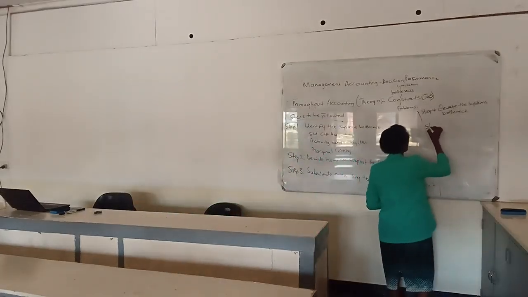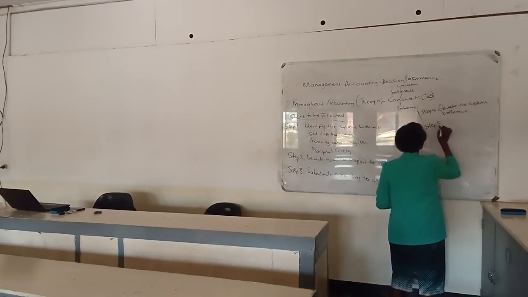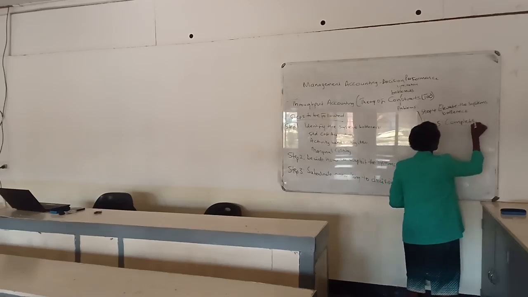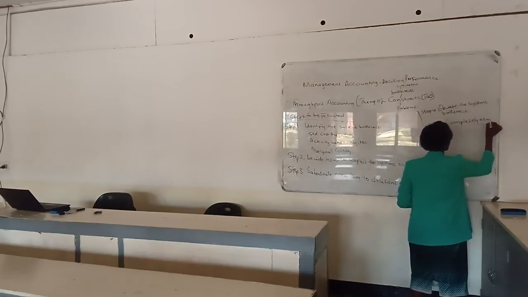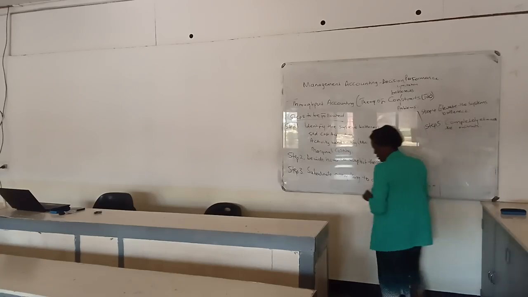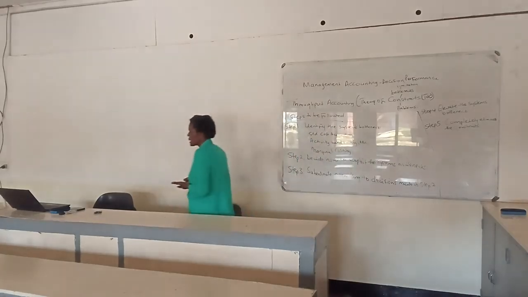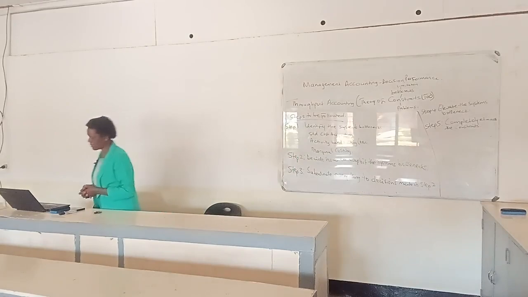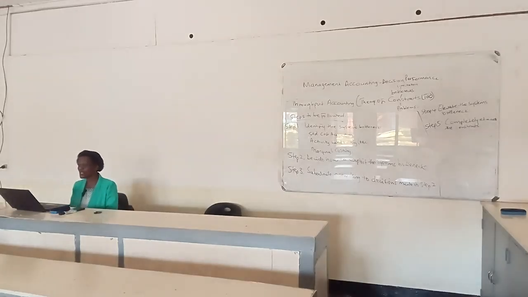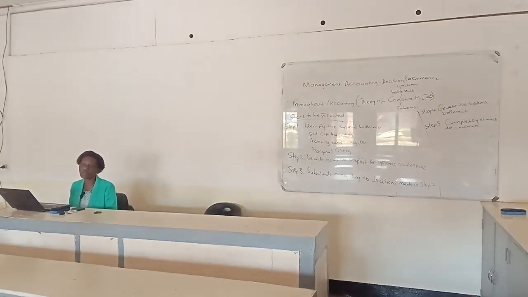Step 5. So this is the fifth stage, but in our book, it is written as stage 5: if a new constraint is broken in step 4, go back to step 1, but do not let it become the system's new bottleneck.